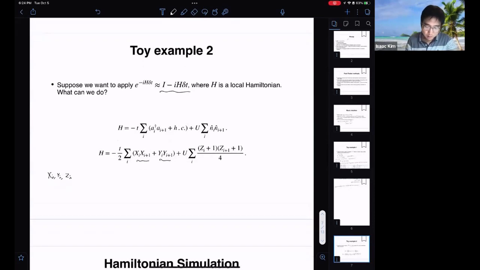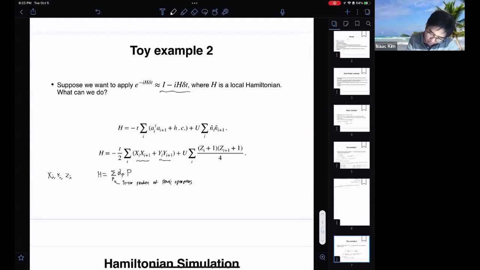So in this case, what you can do is this. Let's try to write down this H in a more general form. So this P here is a product, actually a tensor product of Pauli operators. I might have called them Pauli product operators.